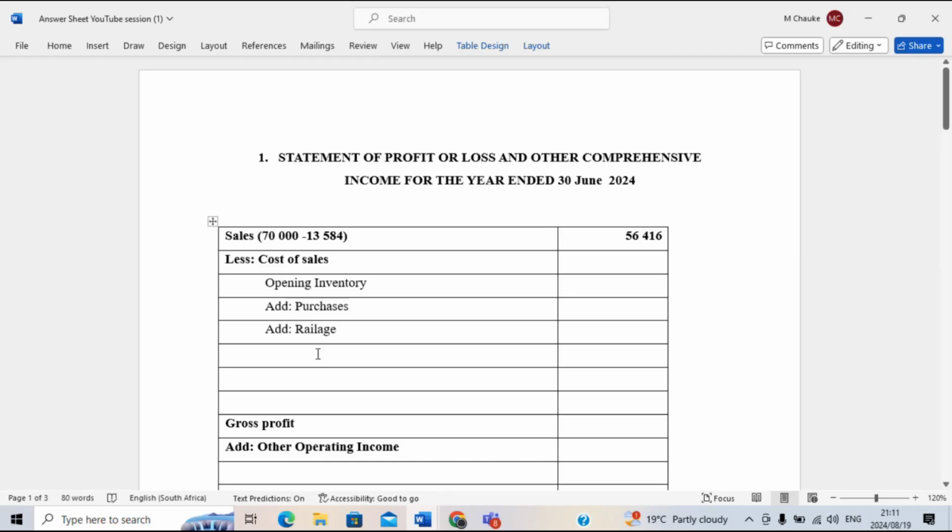And then the other item is the purchases returns. Purchases returns, we have to subtract it, okay? So less purchases returns.